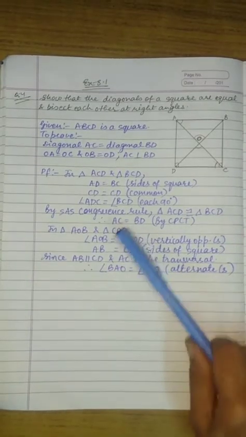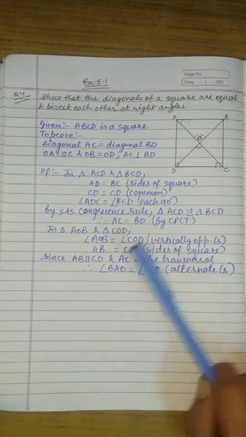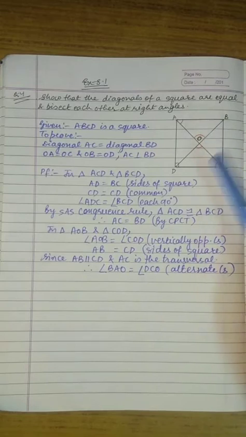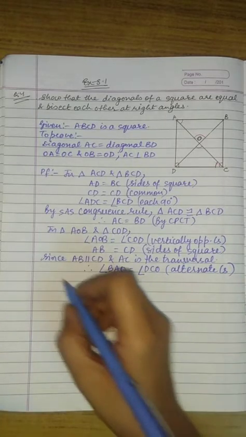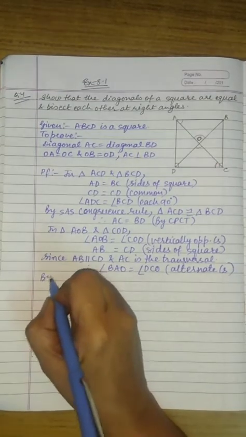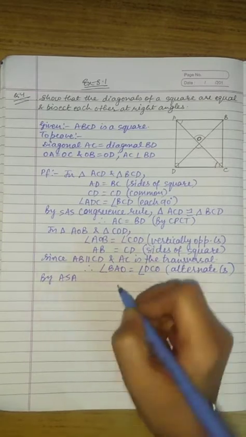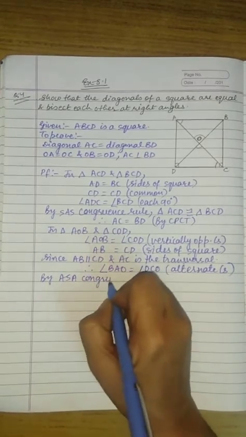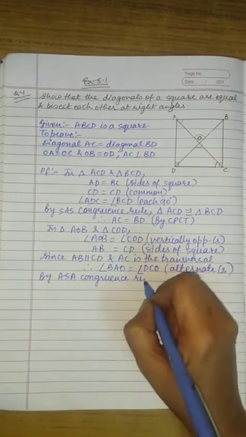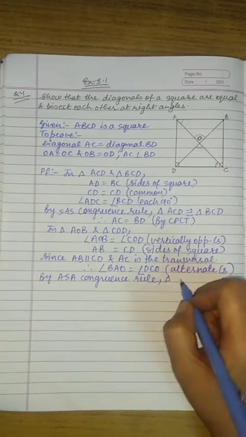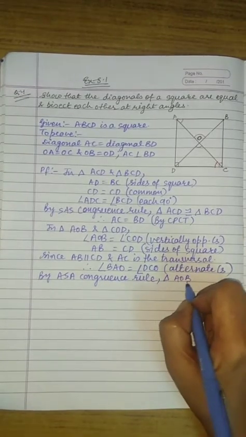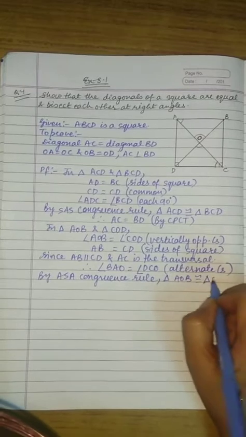So two angles and one side of both these triangles are equal. So we will write here by angle side angle congruence rule. By angle side angle congruence rule, triangle AOB is congruent to triangle COD.